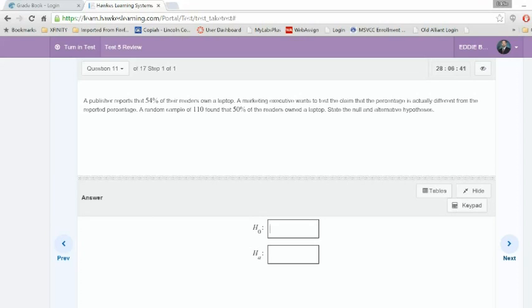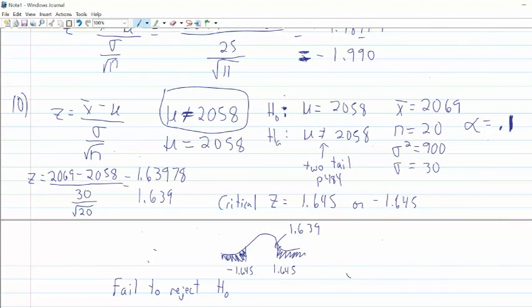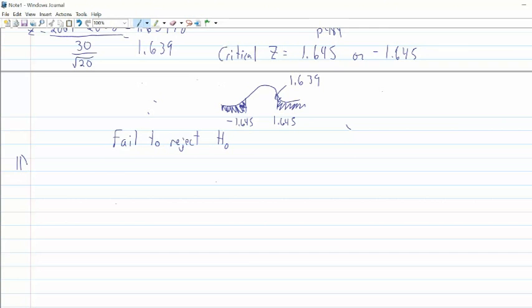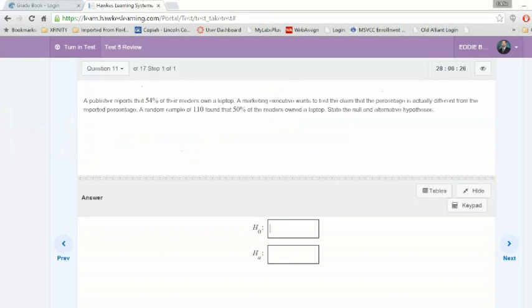Number 11 looks like, again, we just want the null and alternate hypothesis. This time we are using proportions. The problem states that a newspaper reports that 54% of their readers own a laptop. A market executive wants to test a claim that the percentage is actually different from the reported percentage.